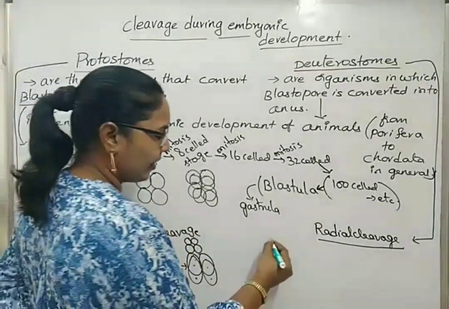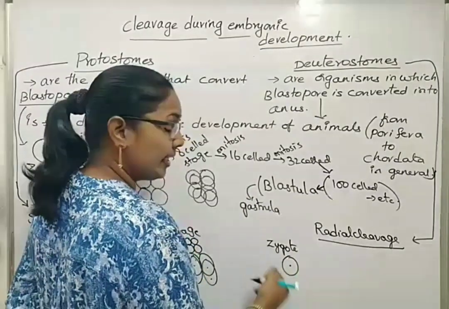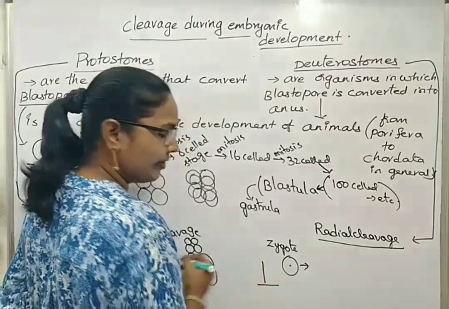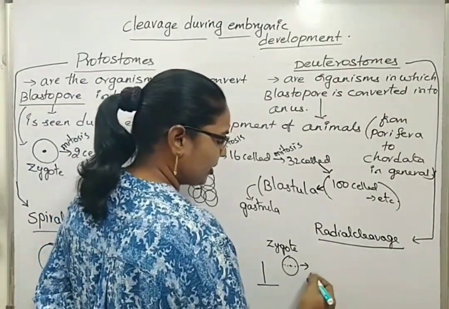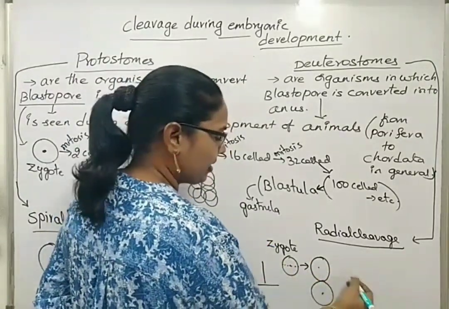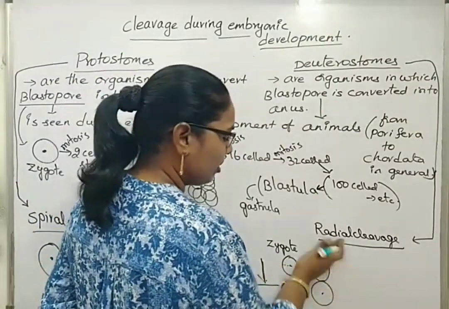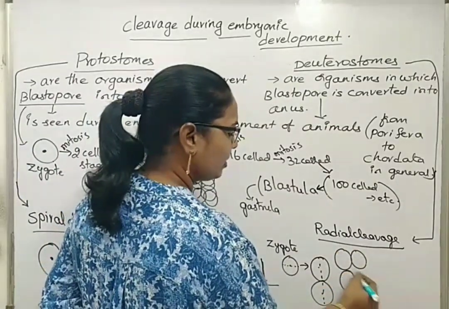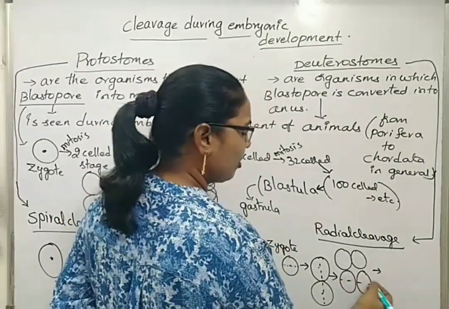In case of radial cleavage, if zygote has to get divided, then it will give perpendicular division every time. Imagine that it has undergone one horizontal division like this. So it will give 2 number of cells. In the next stage, it will give perpendicular, means vertical type of division. So now we will get 1, 2, 3, 4. Again in the next stage, again horizontal division.